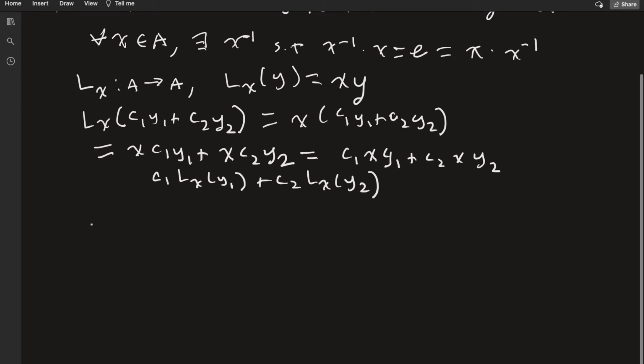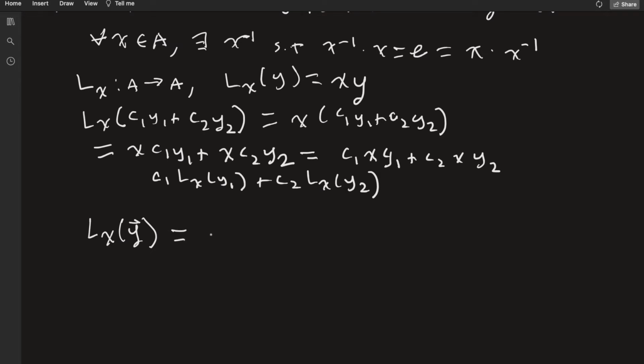And suppose that the vector space of A has an odd dimension, right? So we say Lx of y. Now we're making it clear that y is a vector. It was a vector previously. This is just notation.